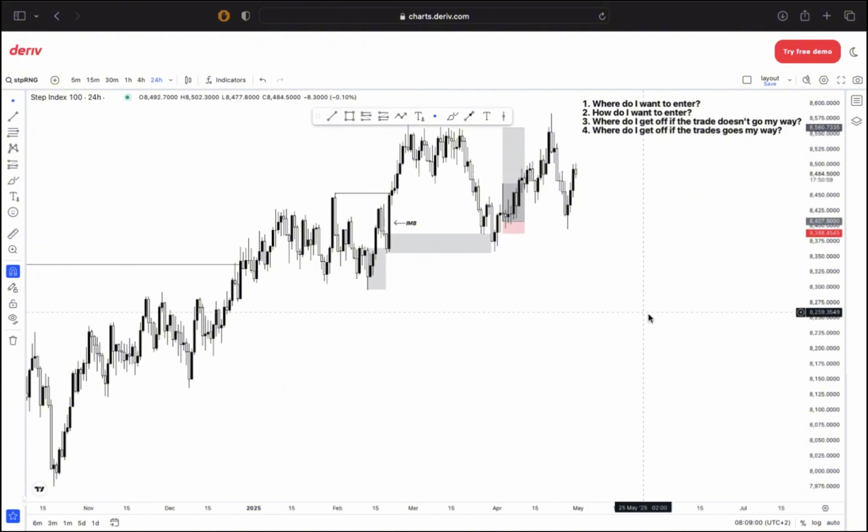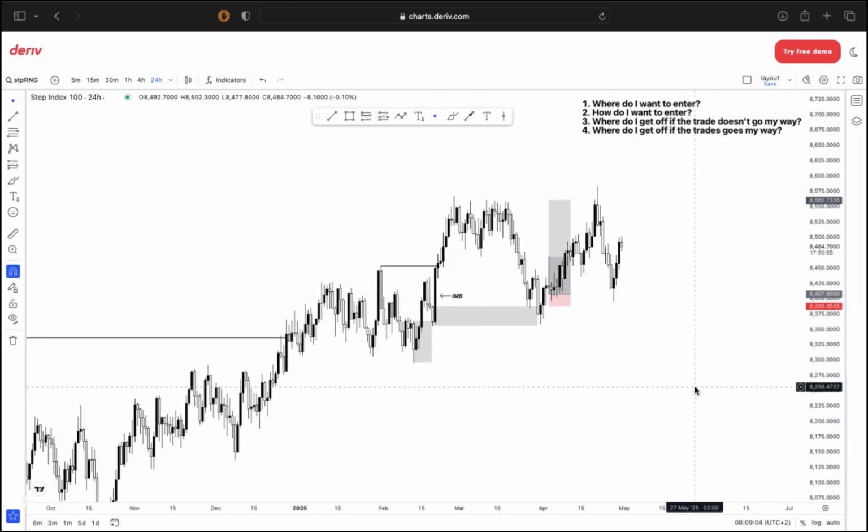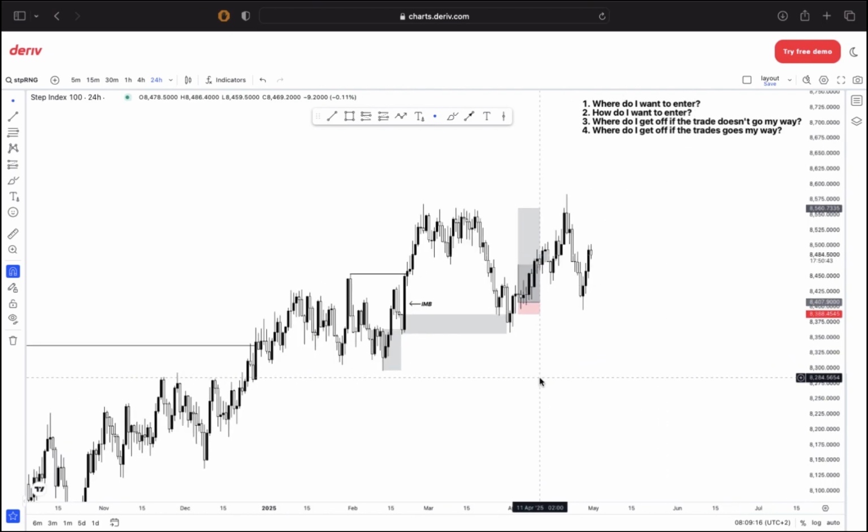Whenever I see price creating breaks of structure to the upside, it is a sign that price has some interest in continuously pushing to the upside. So that's the information that I would work with in order to formulate a trading idea.